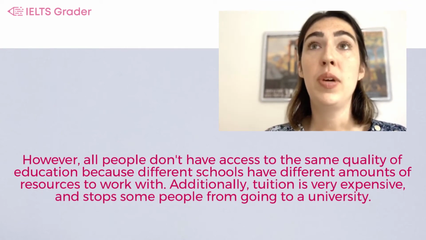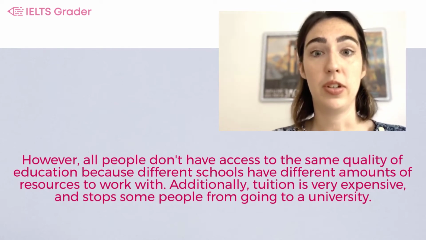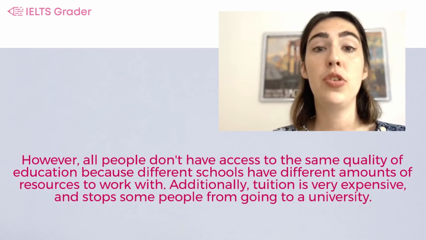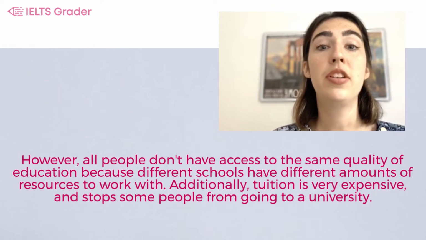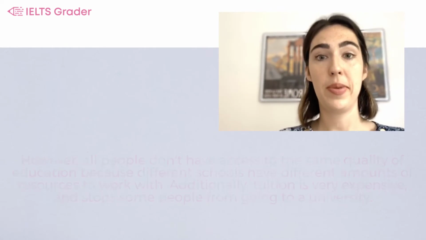Additionally, tuition is very expensive and stops some people from going to university. These are 2 broad statements that I'm going to touch on later and give more facts to support my arguments.